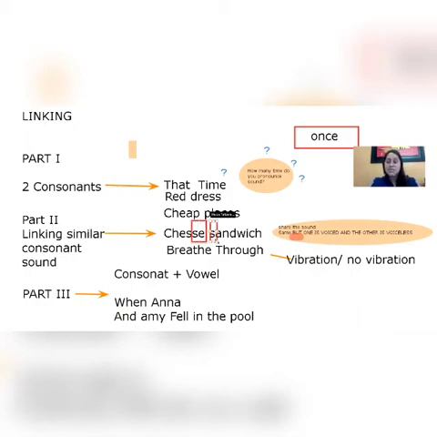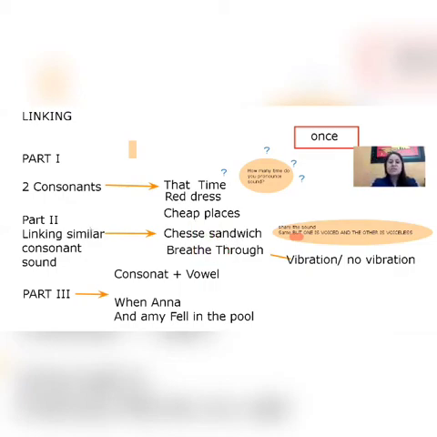The first one is voiced and the next one is voiceless. So what happens here? You have to link the words in order to have only one sound. The same happens here: "breathe through," voiceless and voiceless. Vibration, no vibration, in order to have only one sound, right?